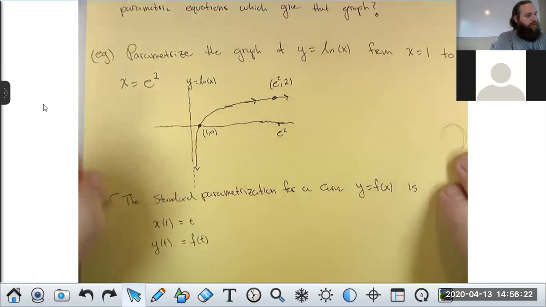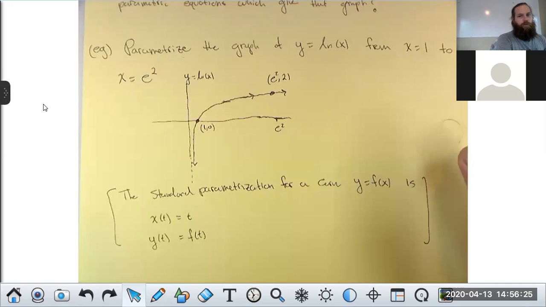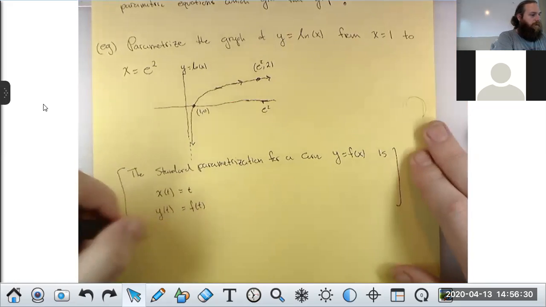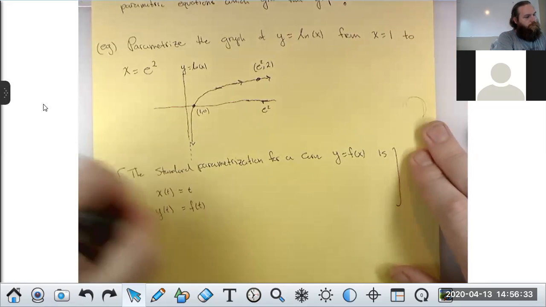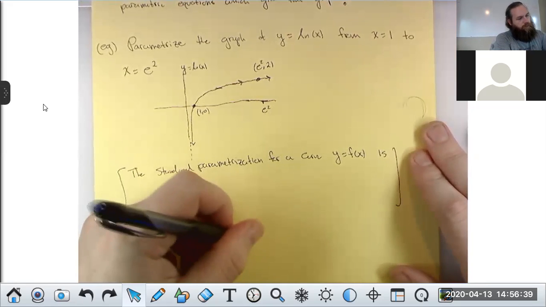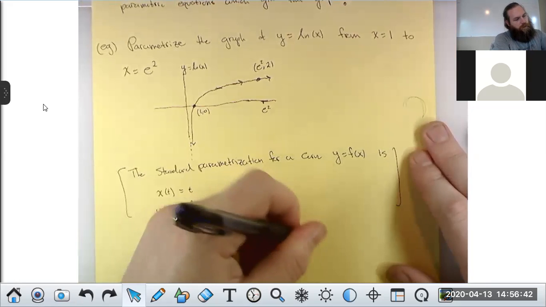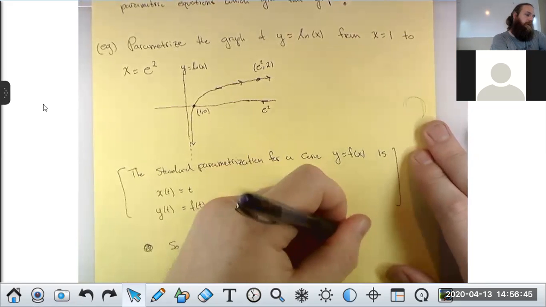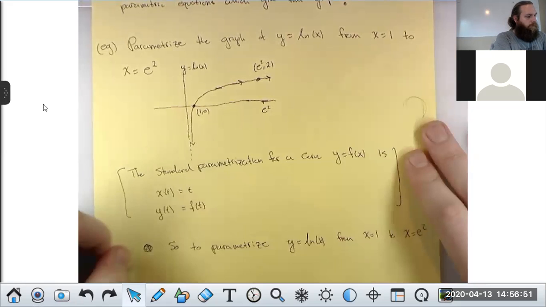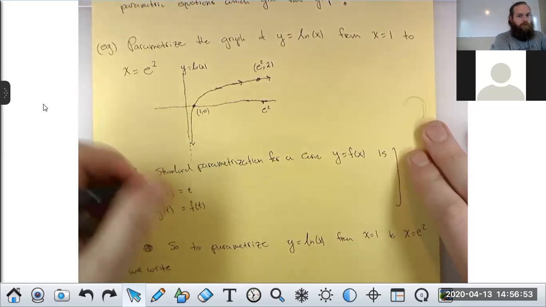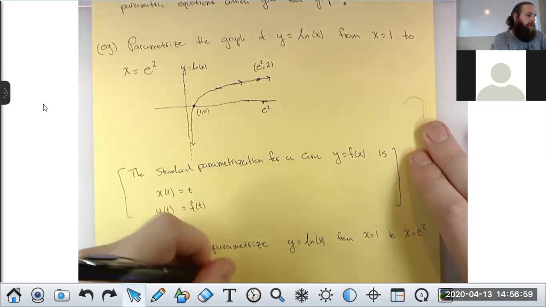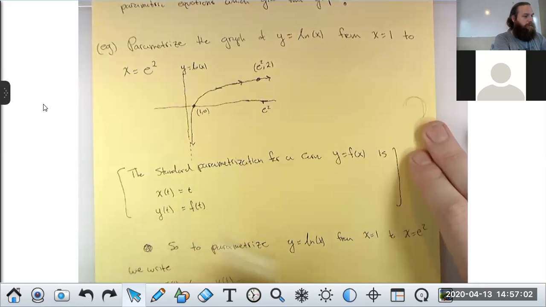So this is the tool we're using, and the result that we get when we apply it to this particular problem is, so to parametrize y equals ln x from x equals 1 to x equals e squared, we write just like this says, x of t equals t, y of t equals f of t, where f of x is the function relating x to y.